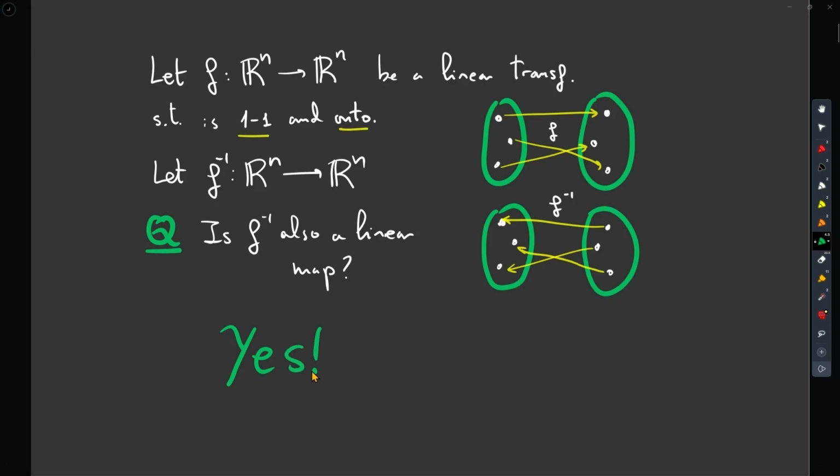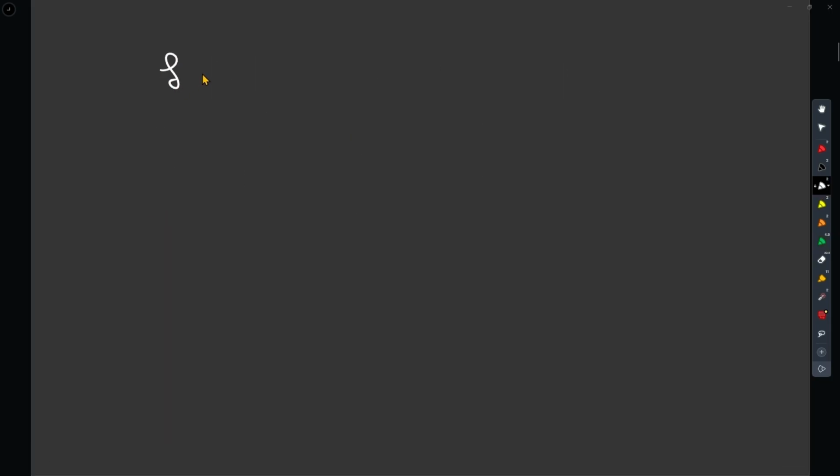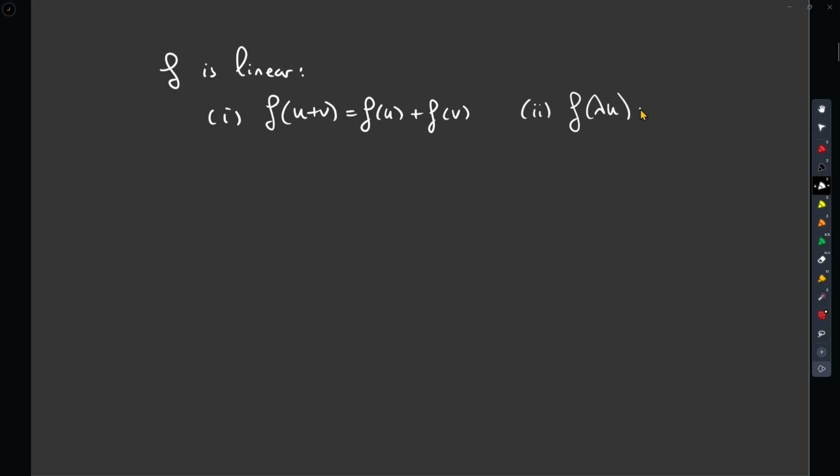So let's prove that. If f is linear, remember that that means two things: one, that f of u plus v is equal to f of u plus f of v, and two, that f of lambda u is lambda times f of u, and this is for all u and v in Rn, and for all lambda in the real numbers.